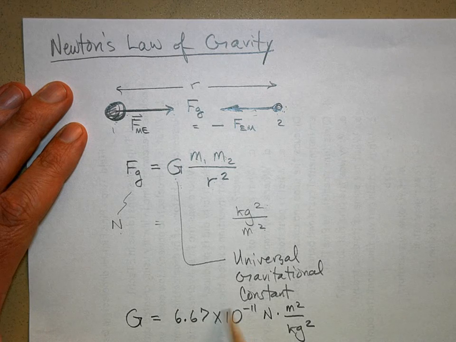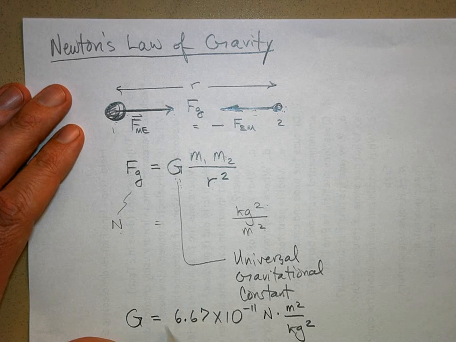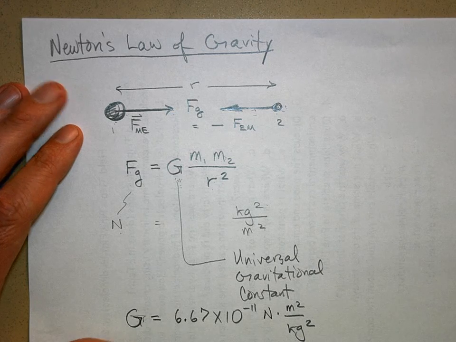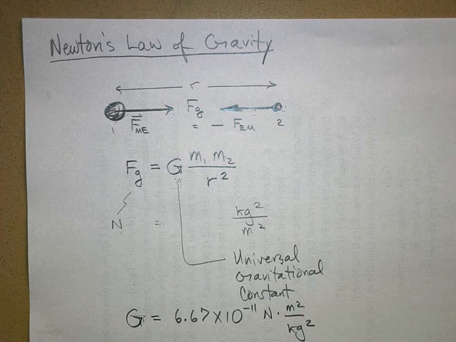This is the number that you insert in here. Now this is quite long to write down. That's why we use a capital G to abbreviate it. Now it is a constant of nature. You've dealt with constants of nature before. When you were in chemistry, you dealt with the mass of an electron. That's a constant of nature. The charge on a proton or electron is a constant of nature.